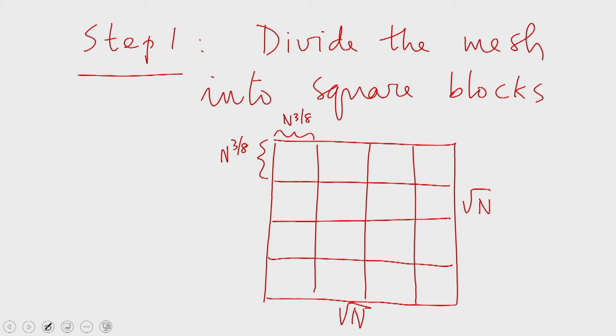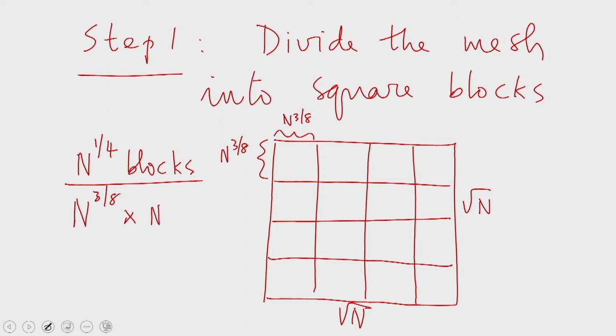So we have n power 1 by 4 squares. Each block is an n power 3 by 8 by n power 3 by 8 square. So the mesh is divided into square blocks of this sort. Of course, dividing this doesn't require any cost, because all that a processor has to do is some local computation to decide in which block it belongs.